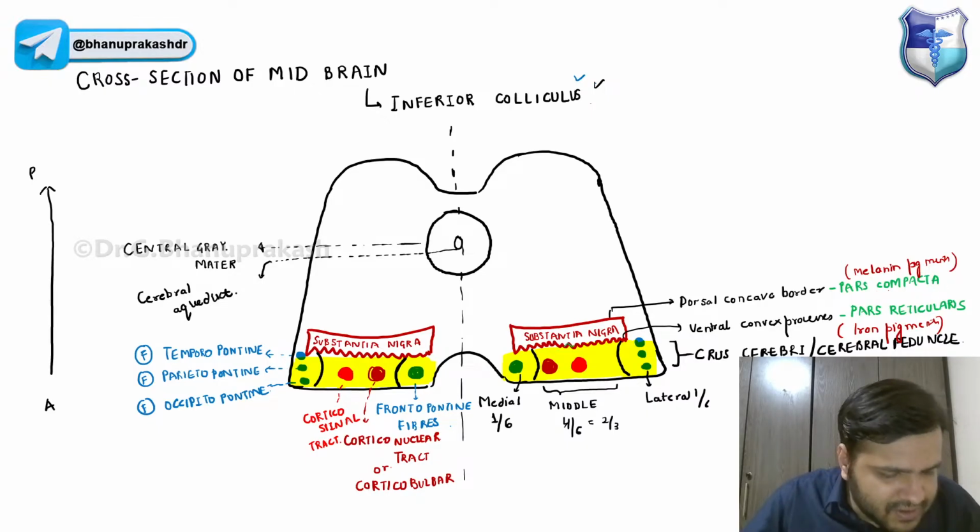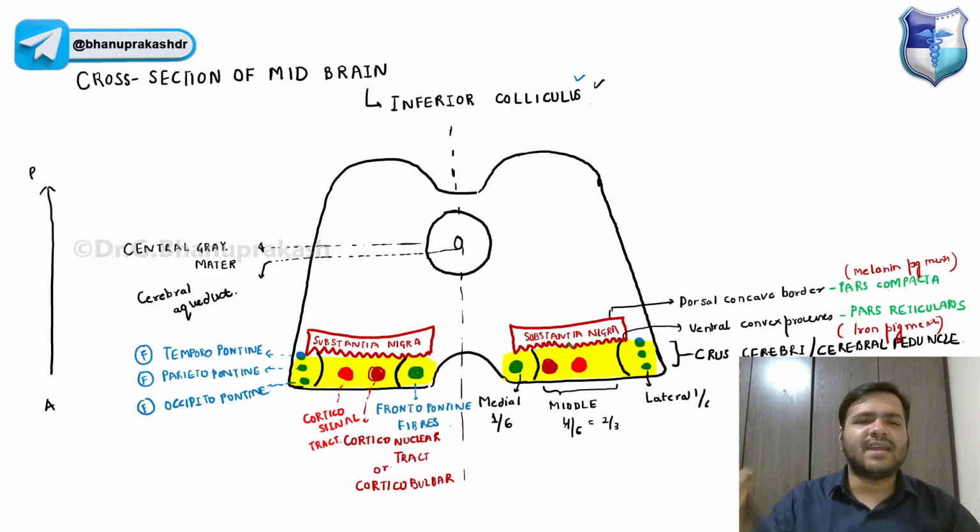So that is what you have to remember about the crus cerebri and the substantia nigra, and how the crus cerebri is divided.